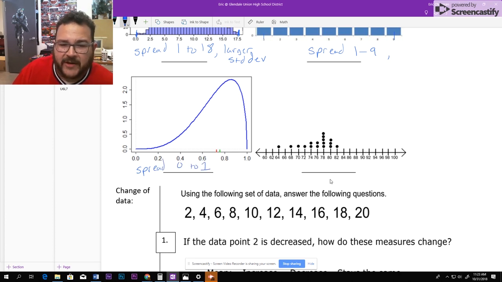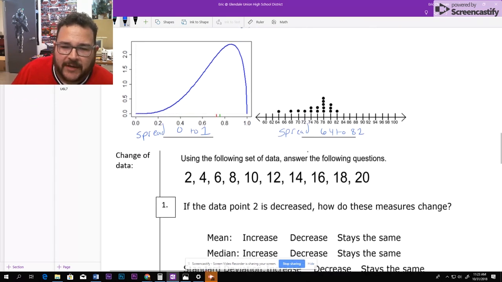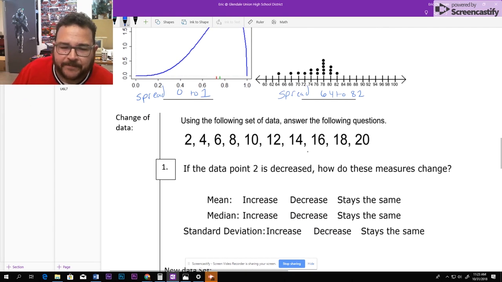So this standard deviation is going to be pretty small. Okay, and here on this one, our spread is from 64 to 82. So again, that's what, 18? So that's going to probably lead to a large standard deviation. So let's take a look and let's interpret that information.